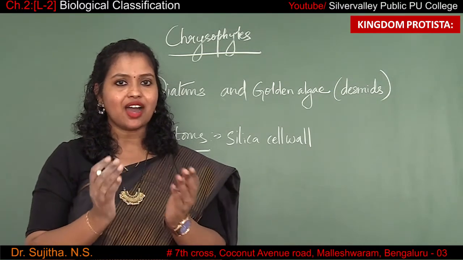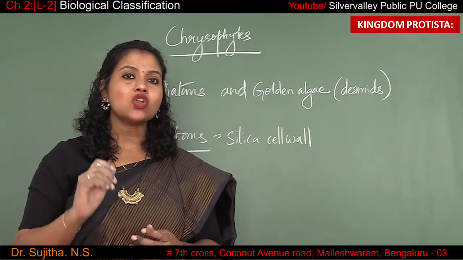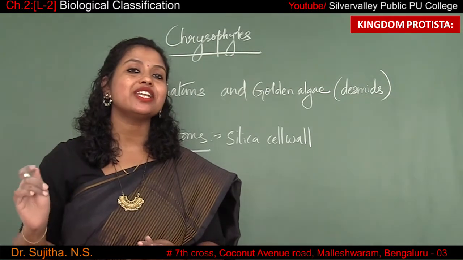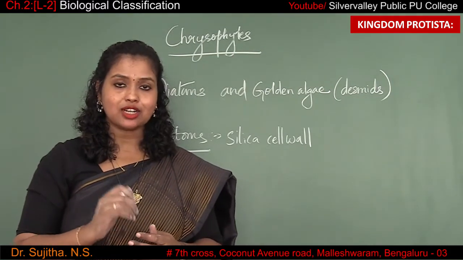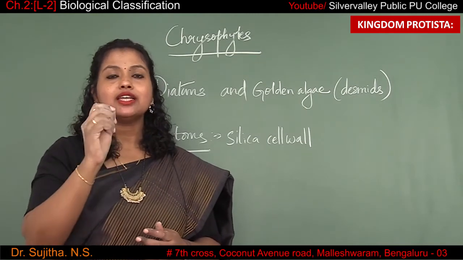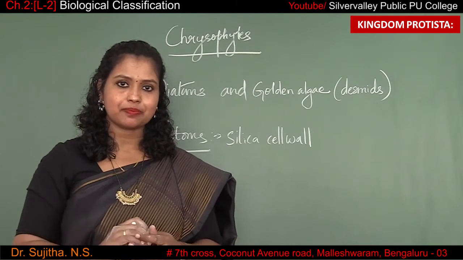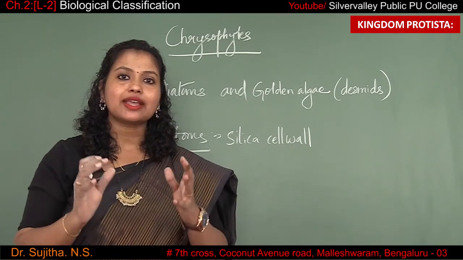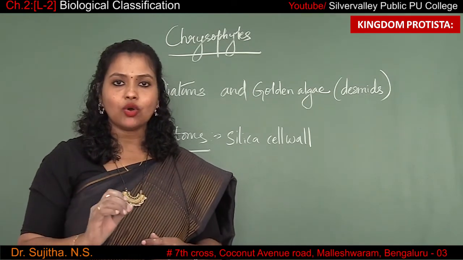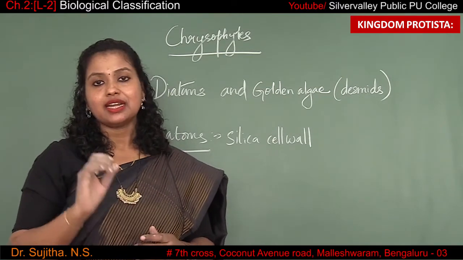silica is very hard. It gives a very hard structure for the cell wall, and it does not degrade or decompose very easily. As a result, the shells of this cell wall remain underneath the ocean for many years, and it gradually accumulates, and therefore you call this diatomaceous earth.